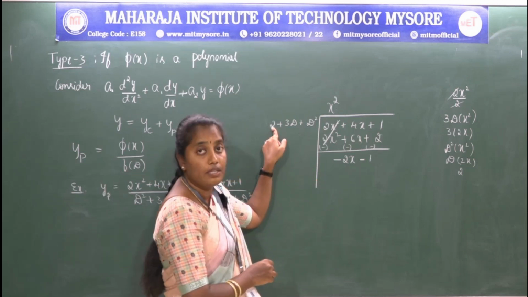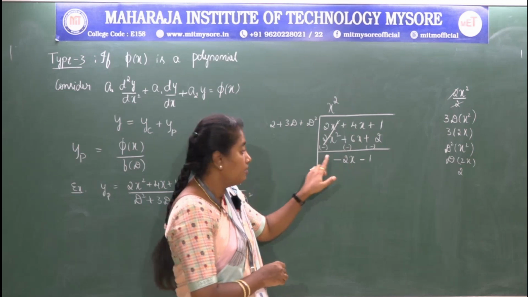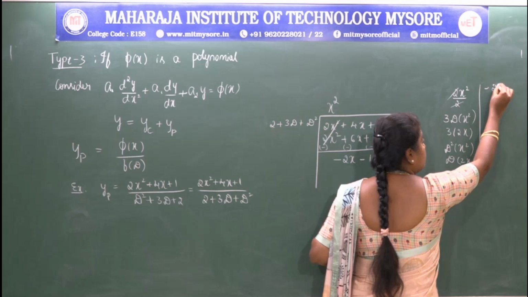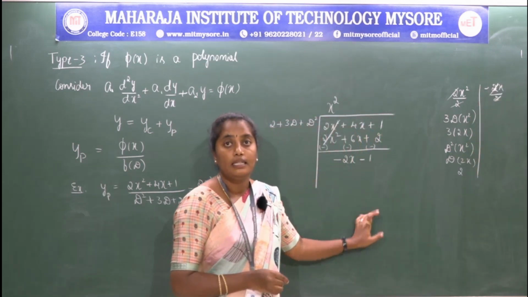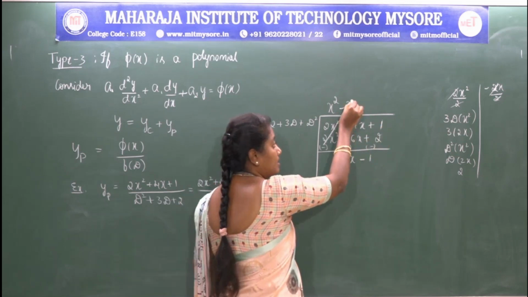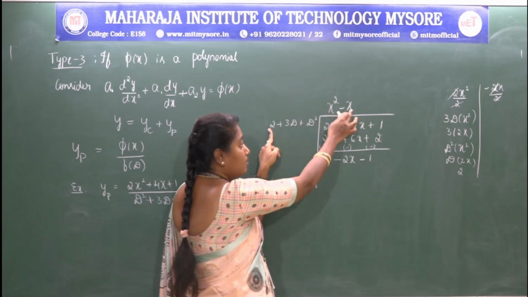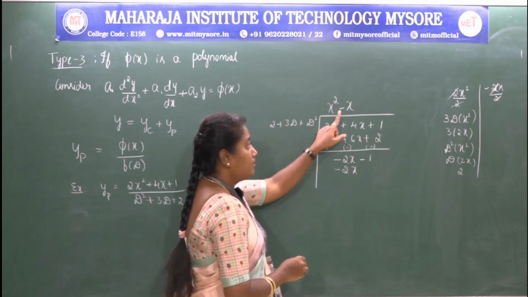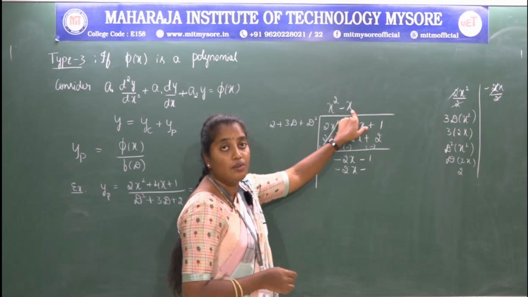Again here we have the first divider 2 and the first element is minus 2x. Dividing minus 2x by 2, the 2 gets cancelled. The next quotient element is minus x. Then multiply with each element: 2 into minus x is minus 2x, plus 3 times d into minus x.